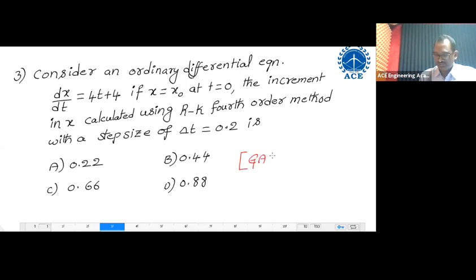This problem was given in GATE mechanical engineering 2014.